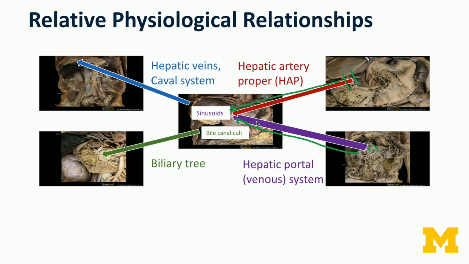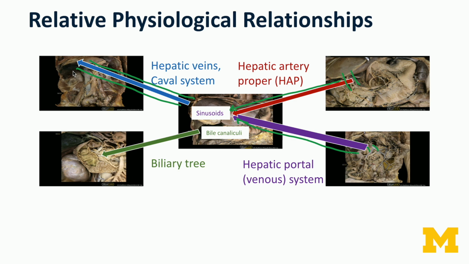Blood from the sinusoids will travel into and out of hepatocytes. The blood itself is returned to the inferior vena cava, or the caval system, via hepatic veins. So generally there are between 3 to 5 of these hepatic veins that connect the liver to the inferior vena cava.